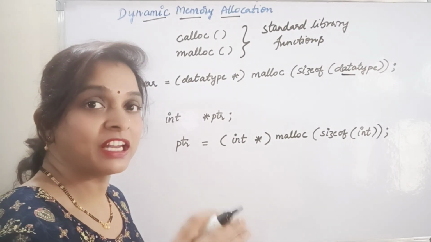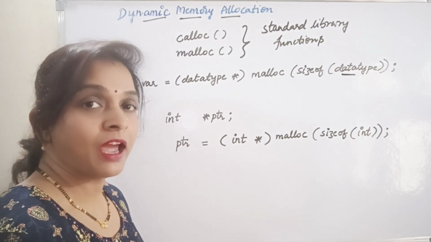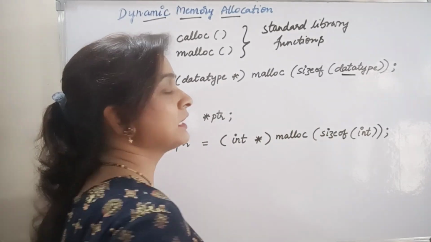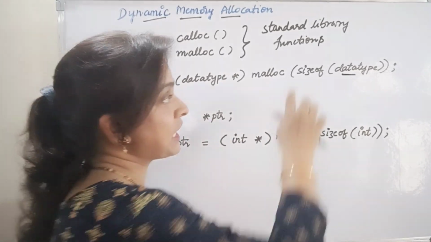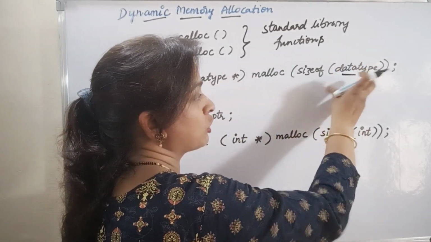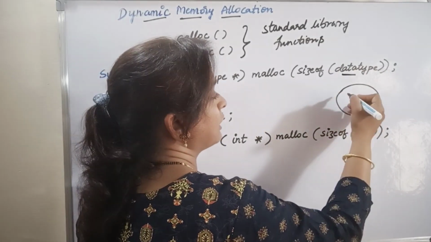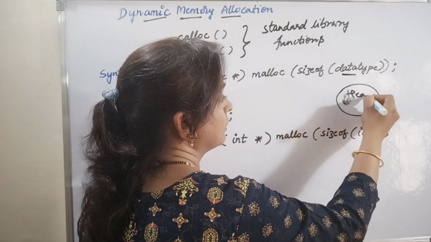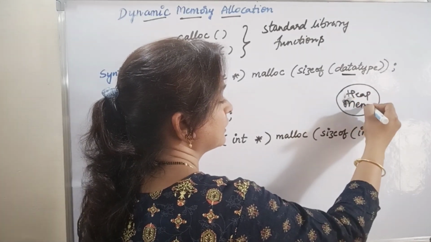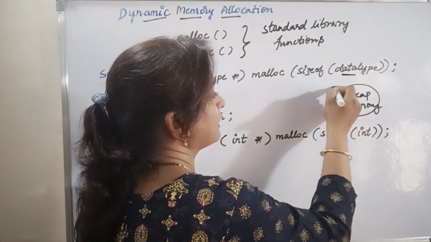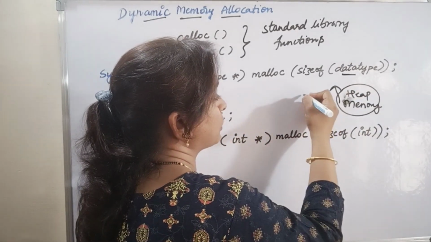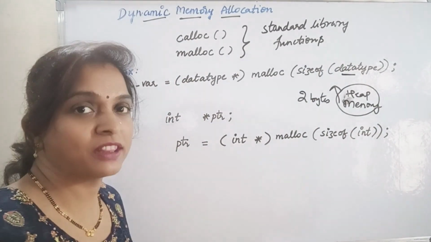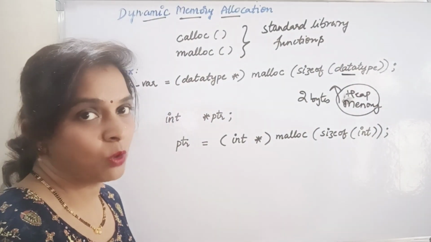So I want to store one integer data during runtime, and the amount of memory required by that is calculated with the sizeof operator. I say sizeof data type. So that much memory I need to collect from the heap memory. From the heap memory, I am going to collect, for example, 2 bytes of memory. I am going to fetch 2 bytes of free memory that is randomly obtained.